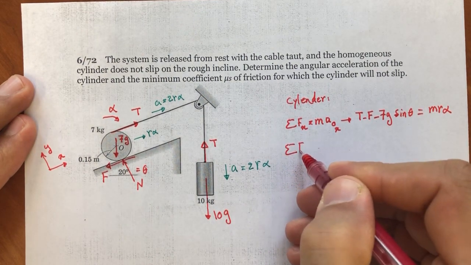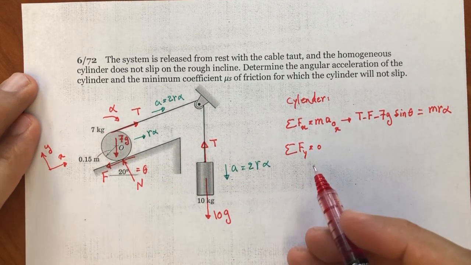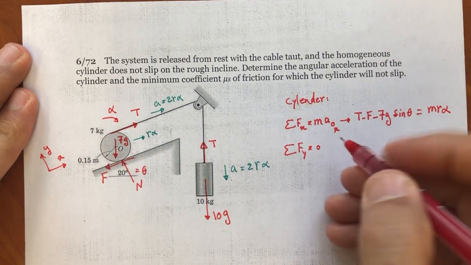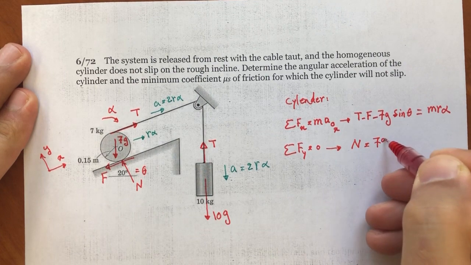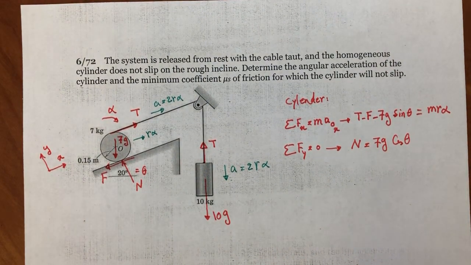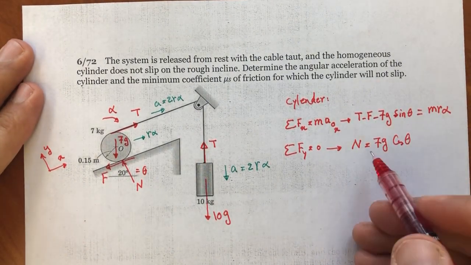Sum of the forces in the y direction is equal to 0 because there is no movement in the y direction. So N is going to be equal to 7g times cosine of theta from this equation. So we got the normal force. We had only one unknown in this equation and one equation, right?